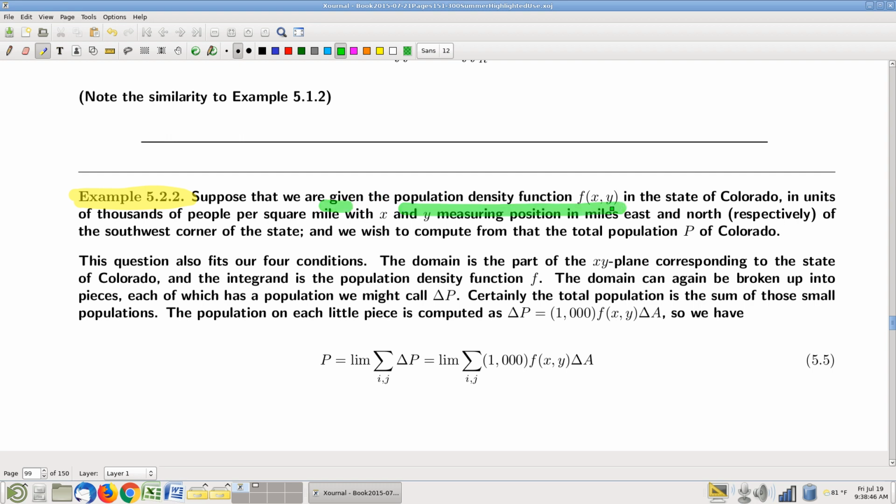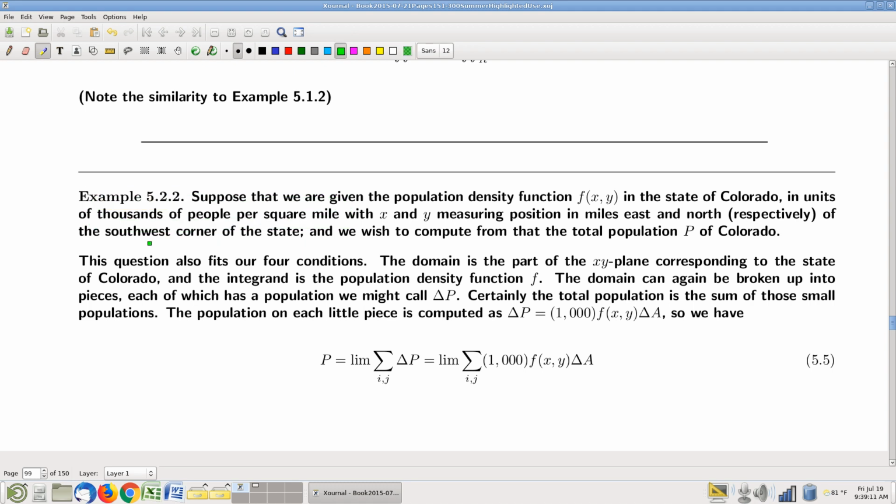Let's suppose I have some function that tells me, in the vicinity of a given location, how many people per square mile. In this case, just for numerical convenience, the units are going to be thousands of people per square mile. Otherwise, the function would be insane in Denver.